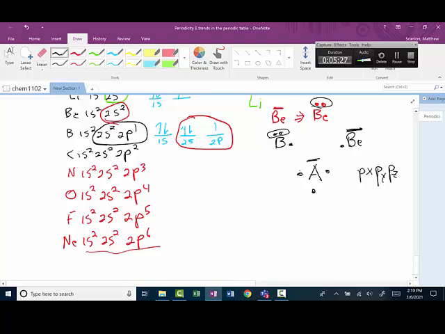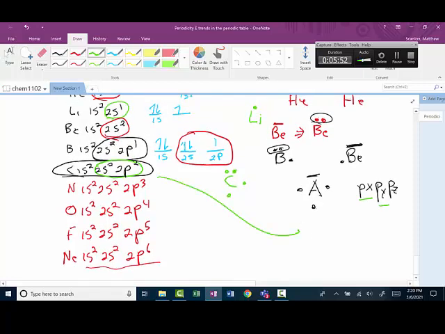So when I do carbon, I have 2s2, 2p2. So here's my 2s electrons, and here's a 2p. It goes into px and the py here. So they're separated.